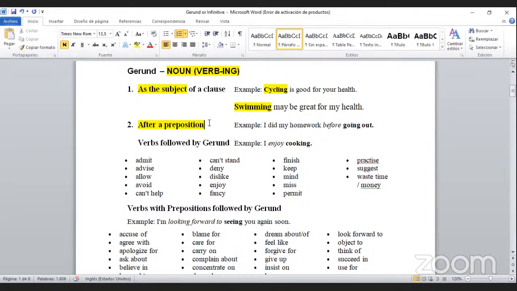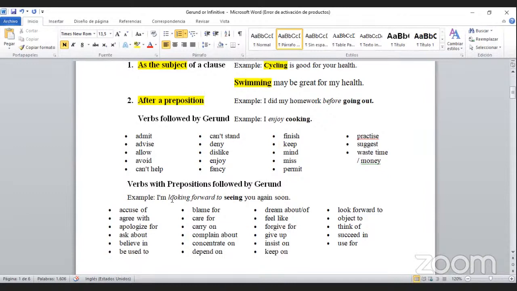So what kind of prepositions do we have? We have these: accused of, agree with, apologize for, ask about, believe in, be used to, blame for, feel like, give up, object to.